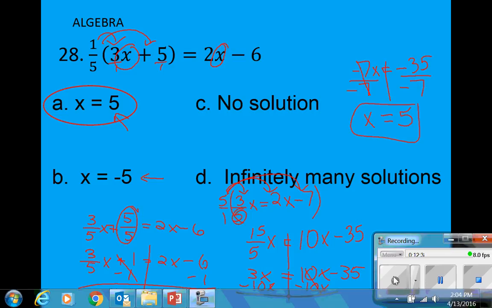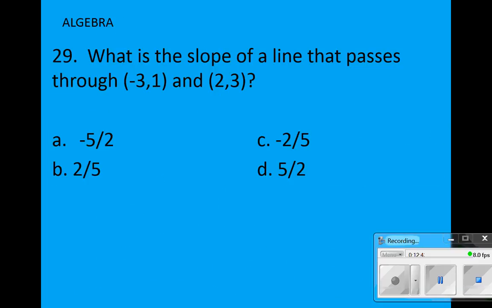Question number 29. What is the slope of a line that passes through negative 3, 1 and 2, 3? We have a slope formula that we will use for this. y2 minus y1 over x2 minus x1. And then if you label 1s and 2s, then you can substitute them into the equation.